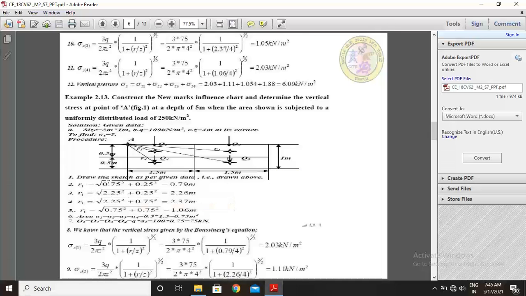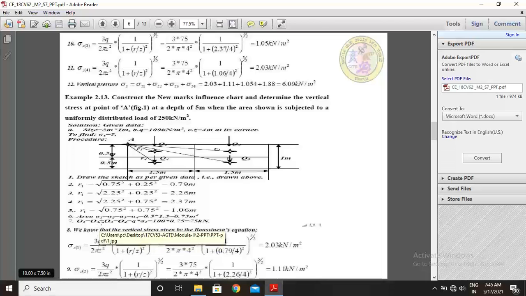By using the equation root of x square plus y square, you substitute the values here, so we are getting 0.79 meter. For the second radial distance we are getting 2.26 meter. For the third rectangle we are getting 2.37 meters. For the fourth rectangle we are getting a radial distance of 1.06 meters. Next you calculate the small area.